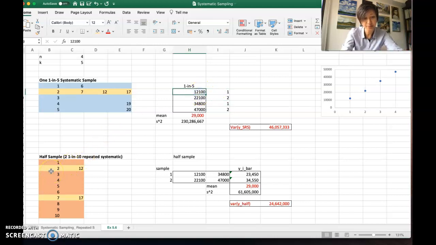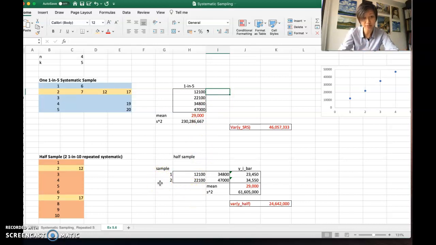So I have my first sample, which is 12,100, and the second sample would have 3, 4, 8, 10,0, etc. This is how I usually put one systematic sample into a number of repeated systematic samples. If I want 3 repeated systematic samples, I would label 1, 2, 3, 1, 2, 3, 1, 2, 3 to separate them.